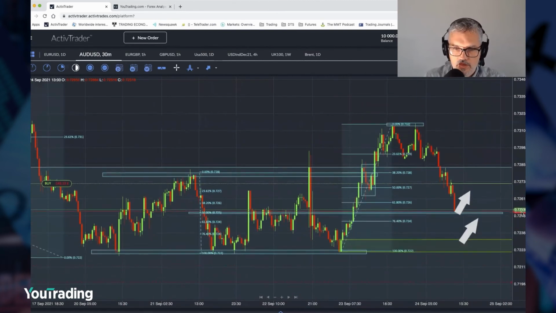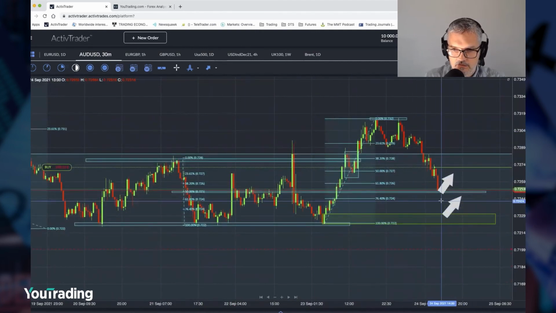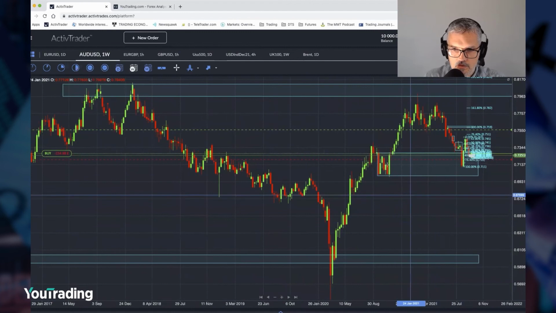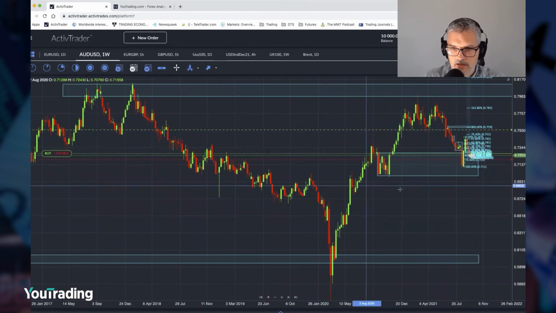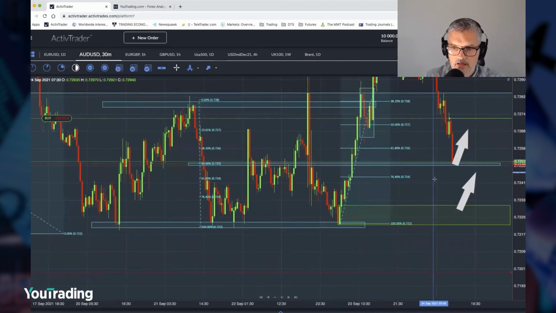So for all the retail traders that are long, you've kind of got now or the 0.723 level for the buyers to step in. Otherwise, for me, this larger trend down is going to carry on. So yeah, we're testing this one level here.